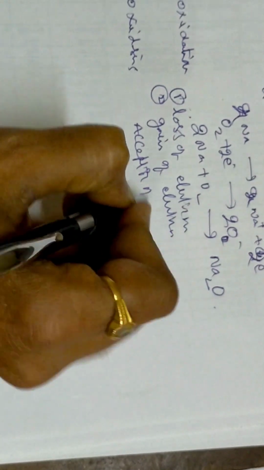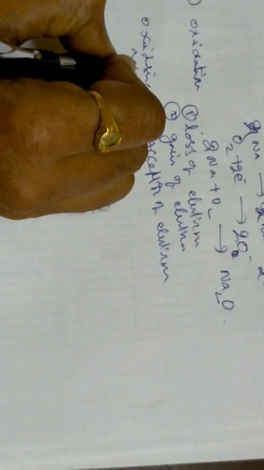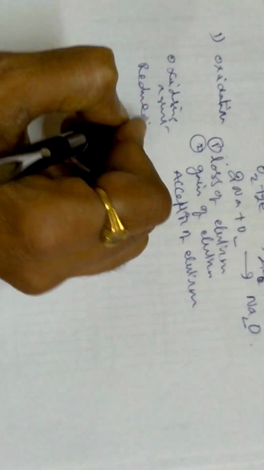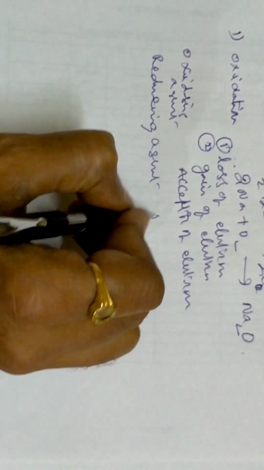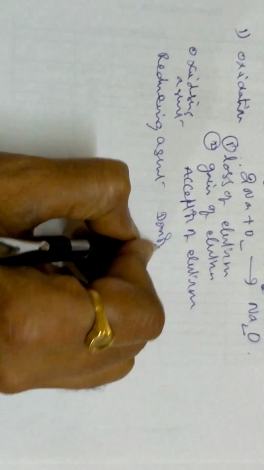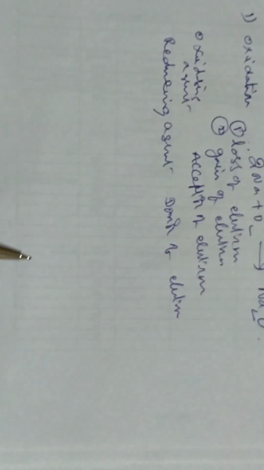Similarly, the reducing agent is a donor of electrons. These are some of the laws.